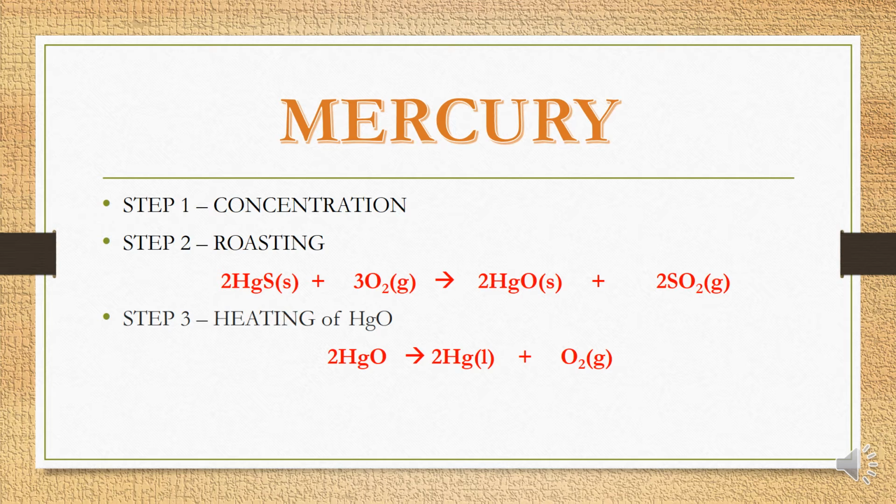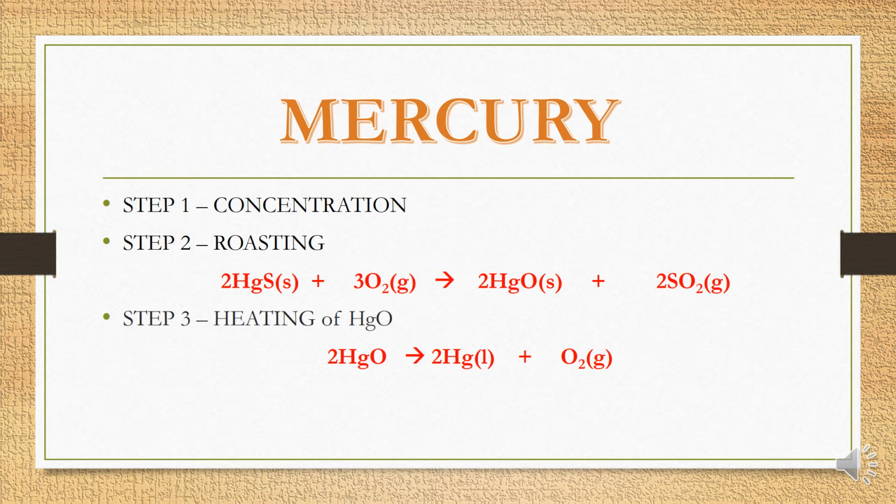Now children, as you are seeing on the screen, this mercuric sulfide is also roasted and turns into mercuric oxide, and sulfur dioxide, because it is formed in a gaseous state, will escape from the furnace where the process is going on.